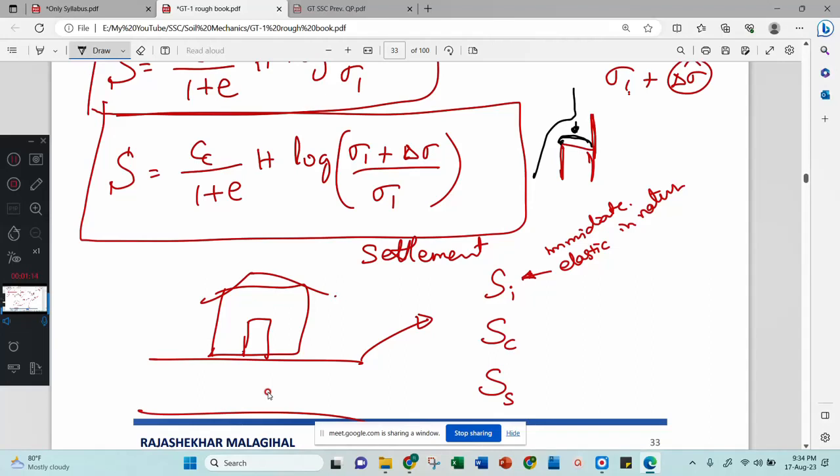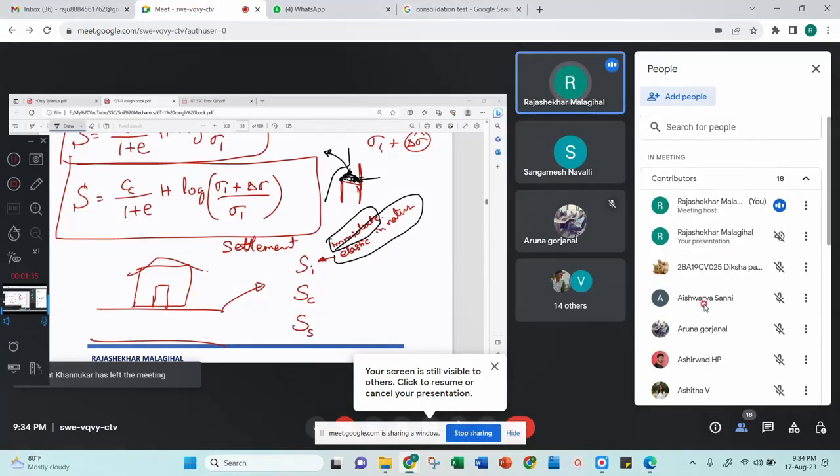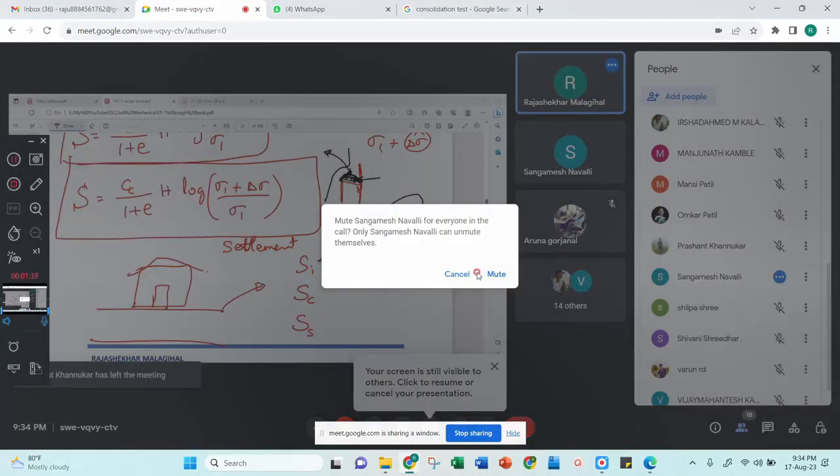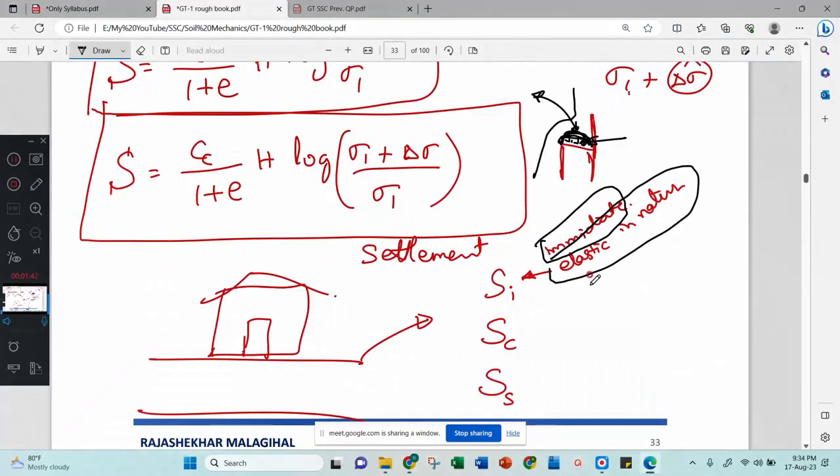Immediately when you sit on the chair, this cushion will sink. That will be considered as immediate settlement. Why is it called elastic settlement? Because when you stand up, this cushion will regain its original shape. The same way the soil will also regain its original shape. Right? That's why the first settlement is considered immediate settlement or elastic settlement.